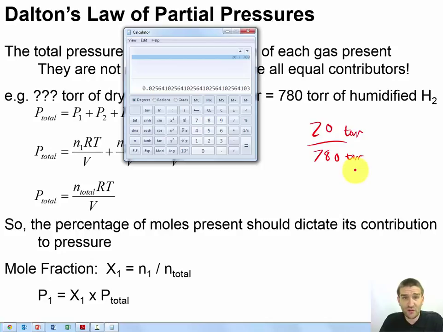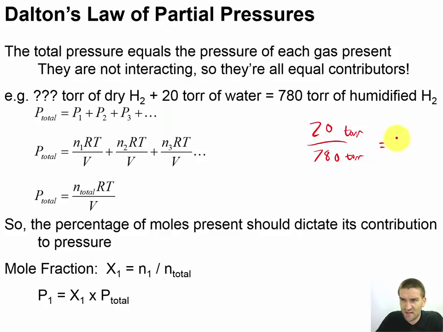So my mole fraction of water vapor in the hydrogen gas is going to be about 0.0256. And of course, the sig figs are ambiguous here, so I'll just write it as 0.025, actually 0.026 with rounding, 0.026. That'd be the mole fraction for water in this case.